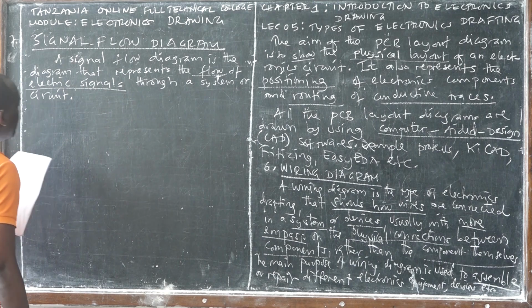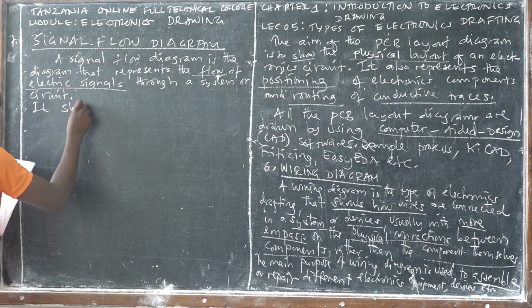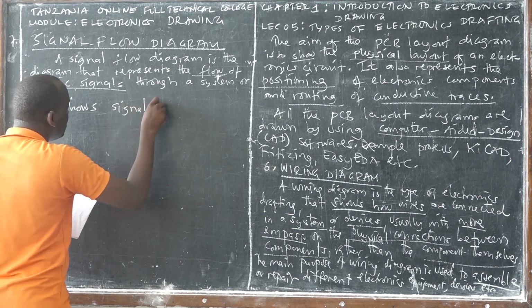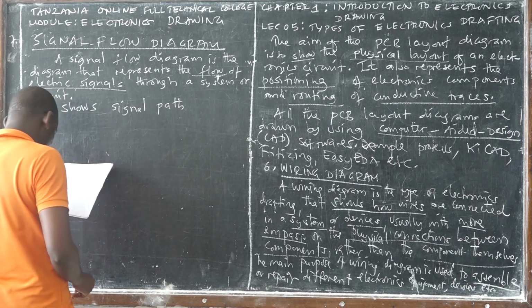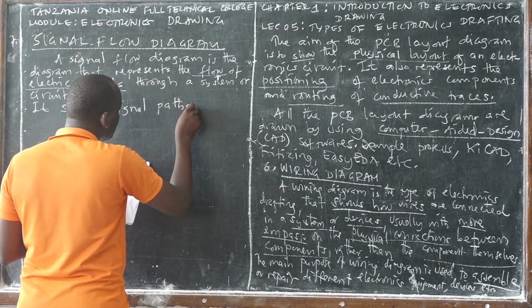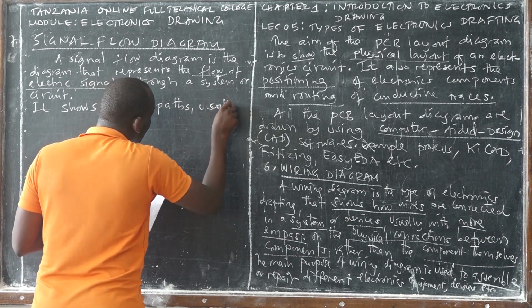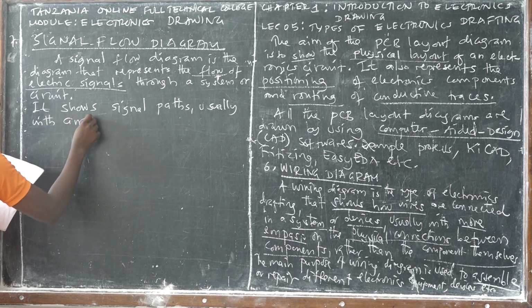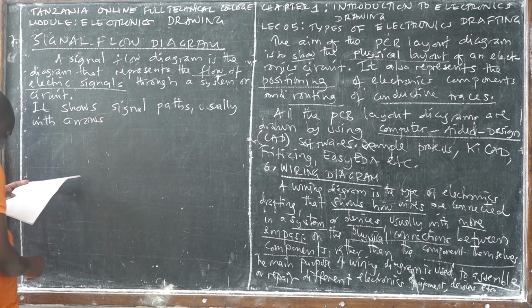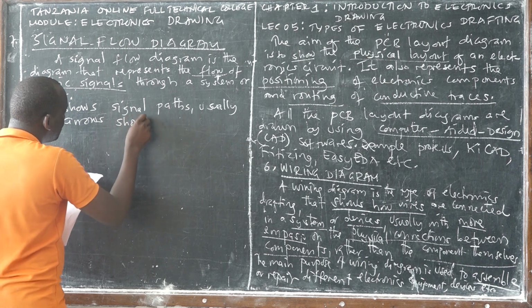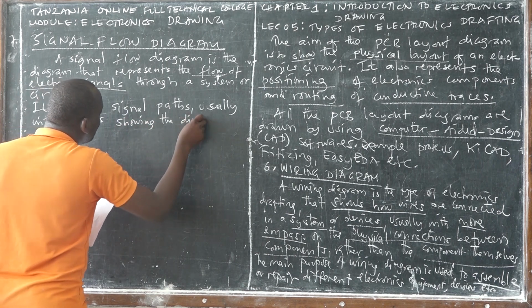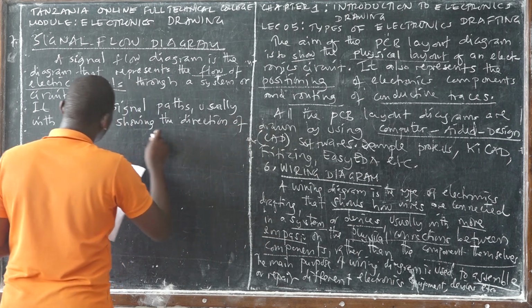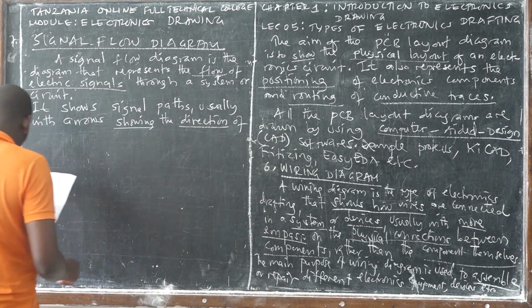In these diagrams, it shows the signal path, usually with arrows showing the direction of the signal.